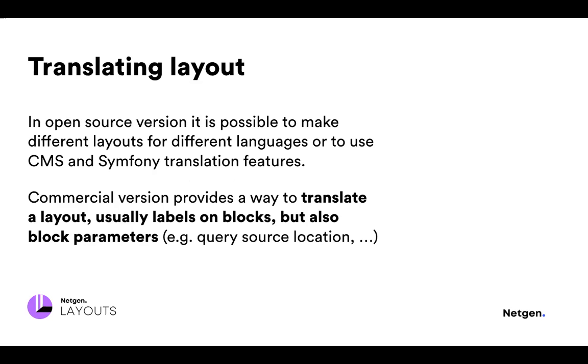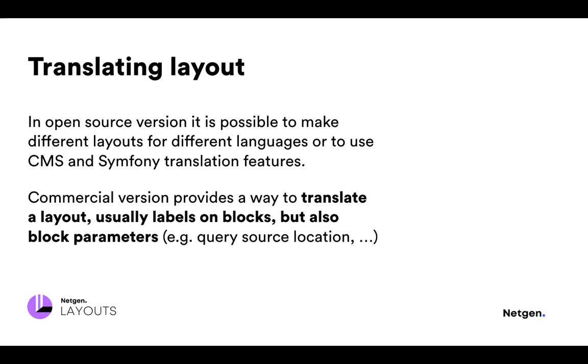And finally, there is a translating layout module in the commercial version. Of course, you can use the translation features of the CMS or of the backend or even Symfony's typical translation features to translate the layout. But in some cases, the translation module of layout is useful because it also enables you to define different parameters for blocks based on the language.